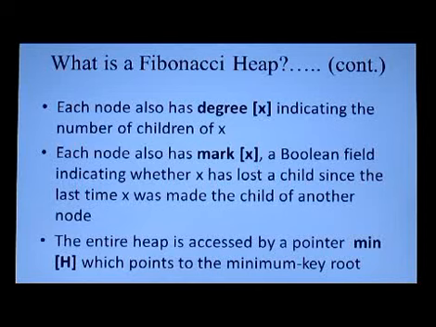Each node also has a degree, indicating the number of children of x. Each node also has a mark, a Boolean field indicating whether x has lost a child since the last time x was made the child of another node. The entire heap is accessed by a pointer, min heap, which points to the minimum key root.